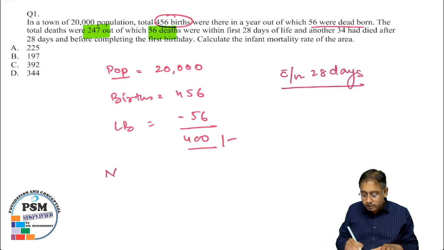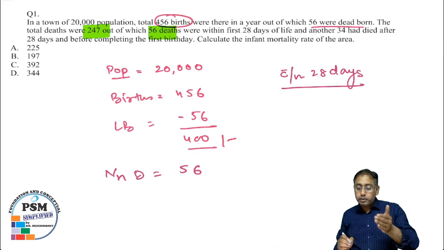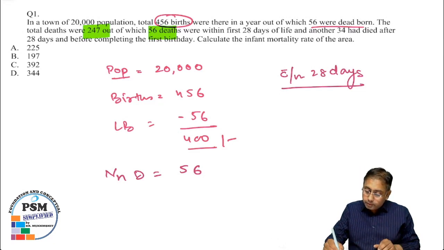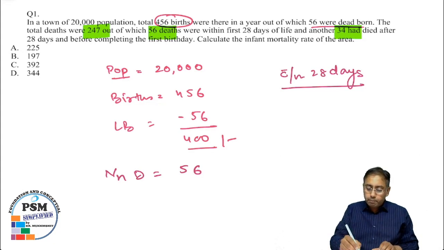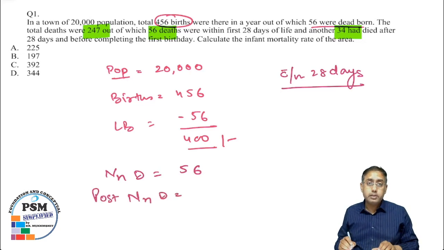Neonatal death is 56, within the first 28 days, and another 34 died after 28 days but before completing one year. So the question is giving us the post neonatal deaths, which are 34.